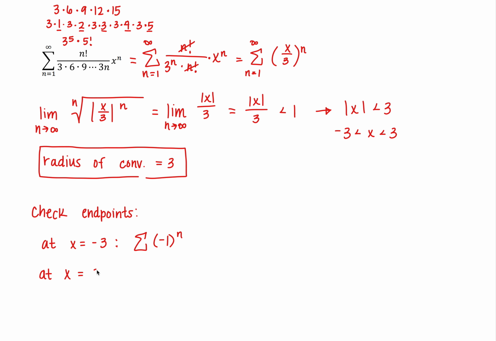And then at x equals +3, we have +1 to the nth, which is just 1. And again, that's going to diverge because of the nth term test. So our interval of convergence is again going to just be that open interval. And I can write it down here because I've got space.